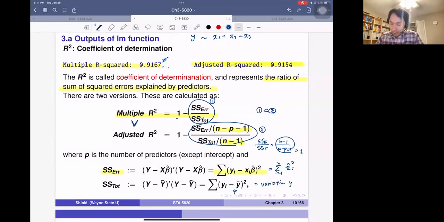And why do we make the adjustment? This is basically for the test. If x and y don't have any true relationship, then adjusted R squared has an expectation of 0. So if there is no true relationship, this is 0.